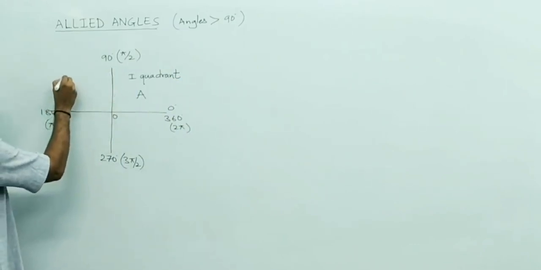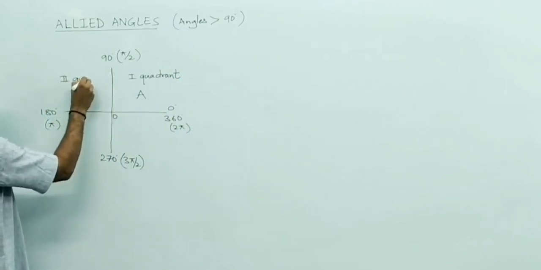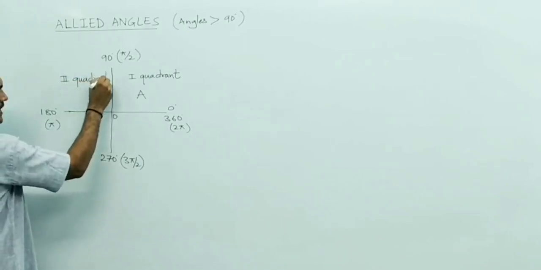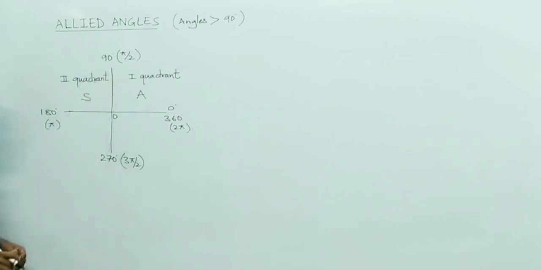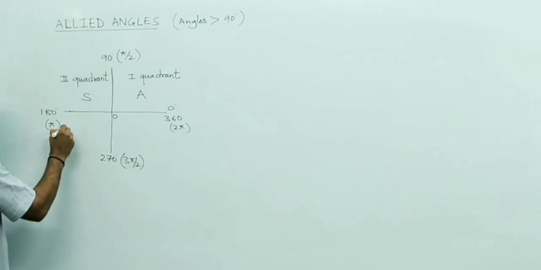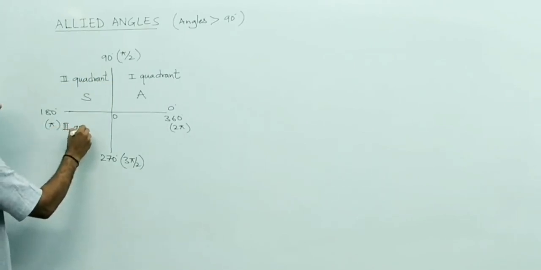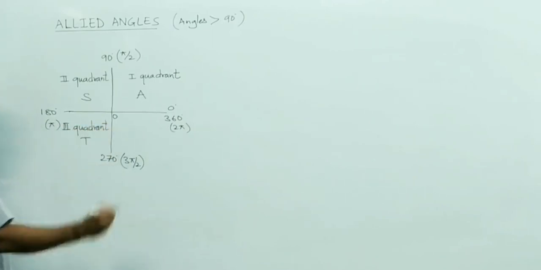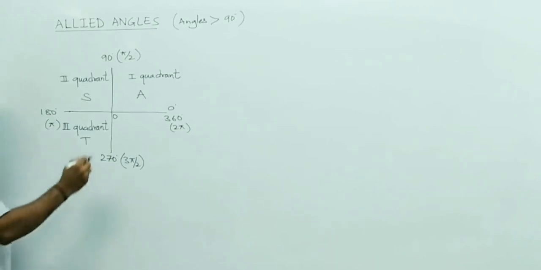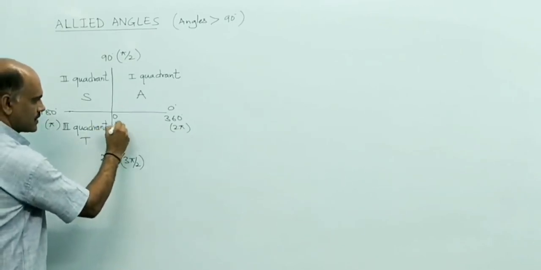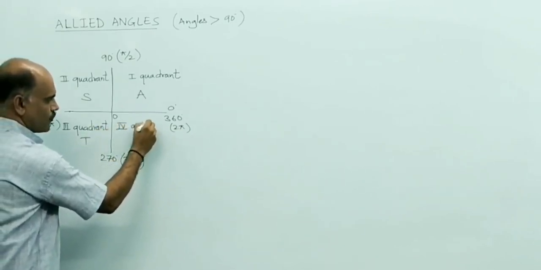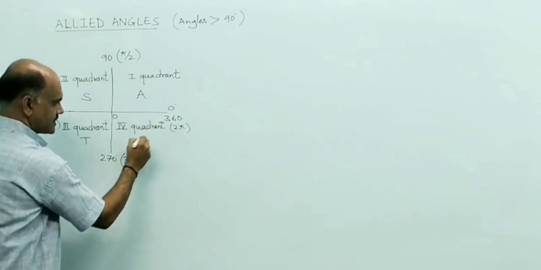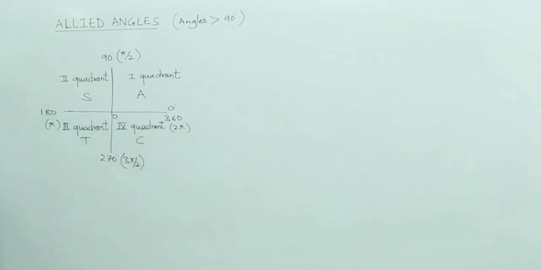If you take this, we call it second quadrant. In the second quadrant, sine and its reciprocal are positive. If you take third quadrant, tan and cot are positive. And in fourth quadrant, cos and secant are positive.